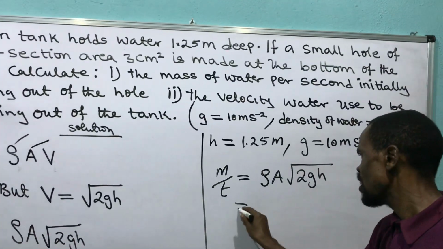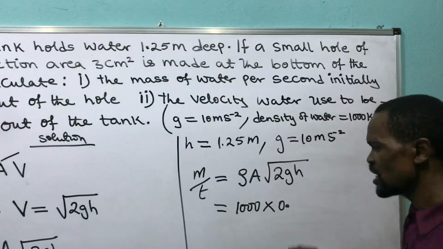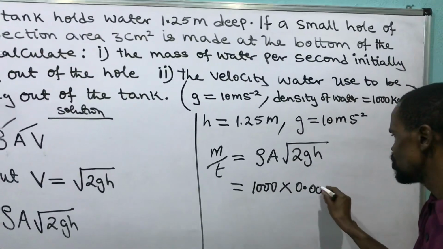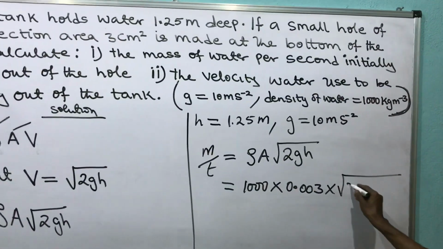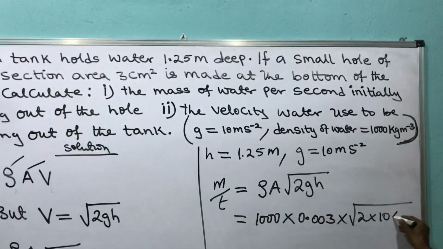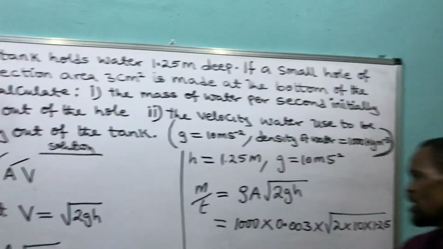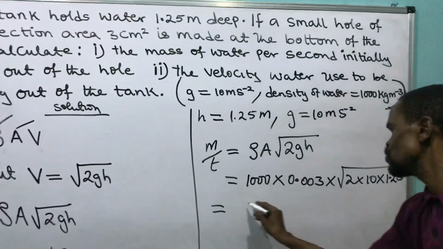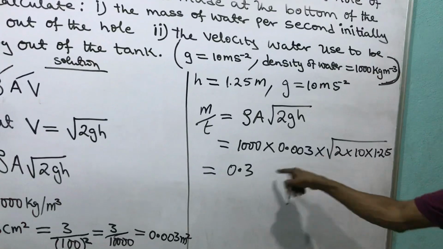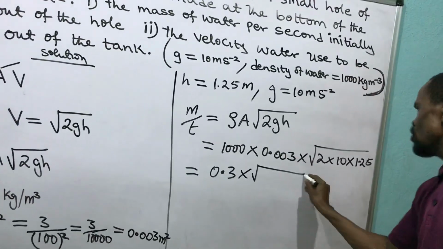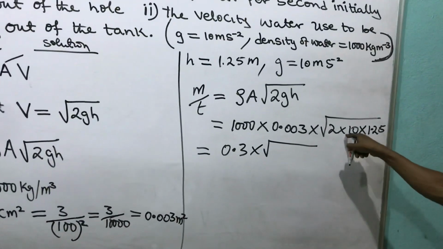Substituting the values, I will have the density, 1000, times the cross-sectional area, 0.0003, times the square root of 2 times the acceleration, 10, times the height, 1.25. 1000 times 0.0003 will give me 0.3, times the square root of 2 times 10, which gives 20.